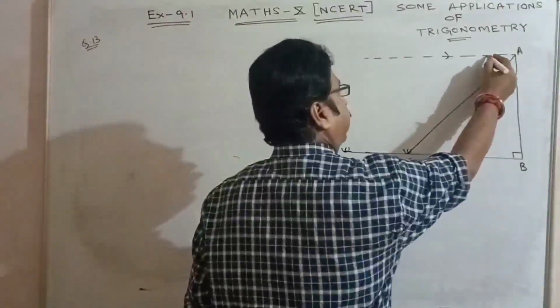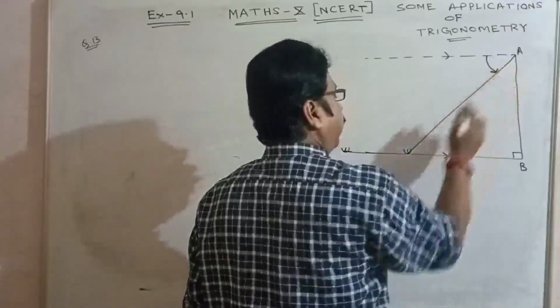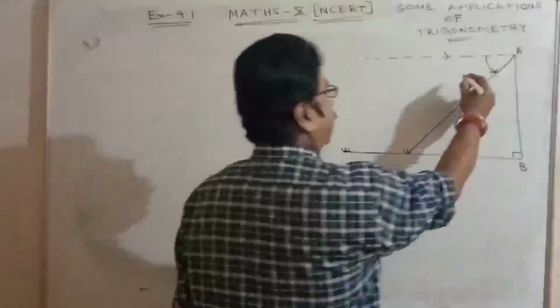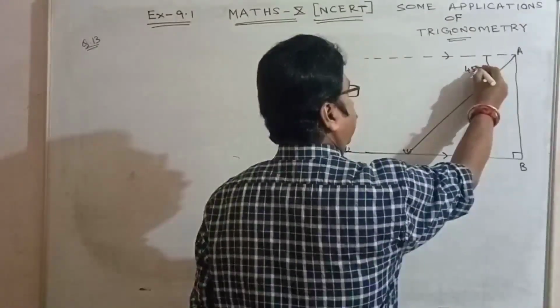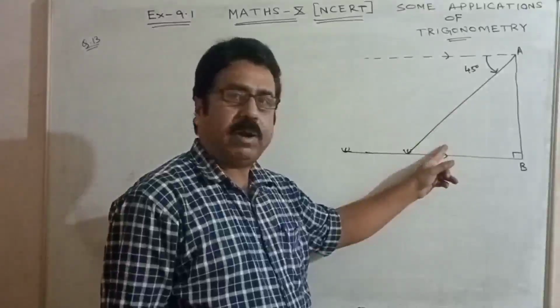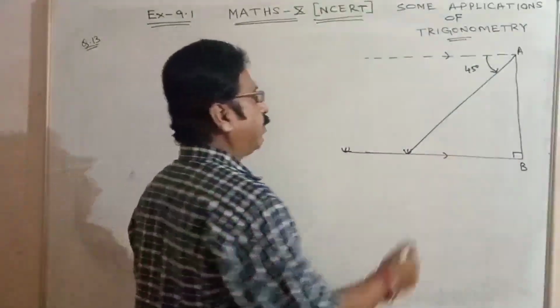This will be the angle of depression of the ship which is nearer to the lighthouse, that is 45 degree. This angle and this angle, alternate angles, so it will also be 45 degree.